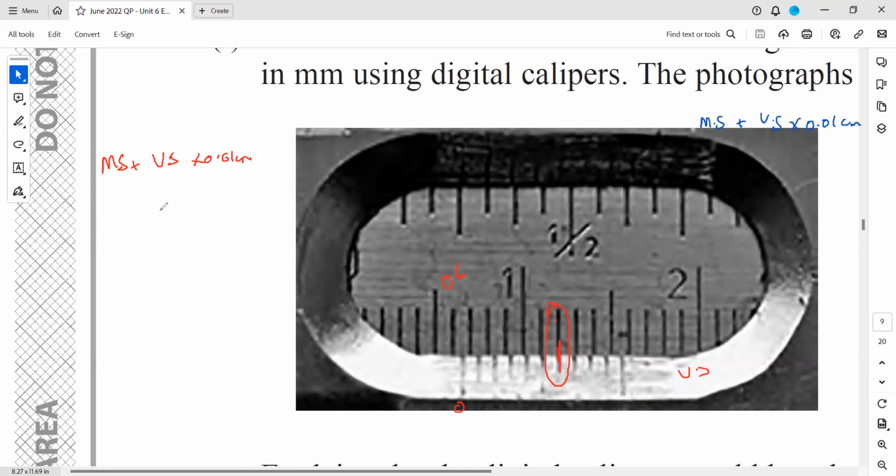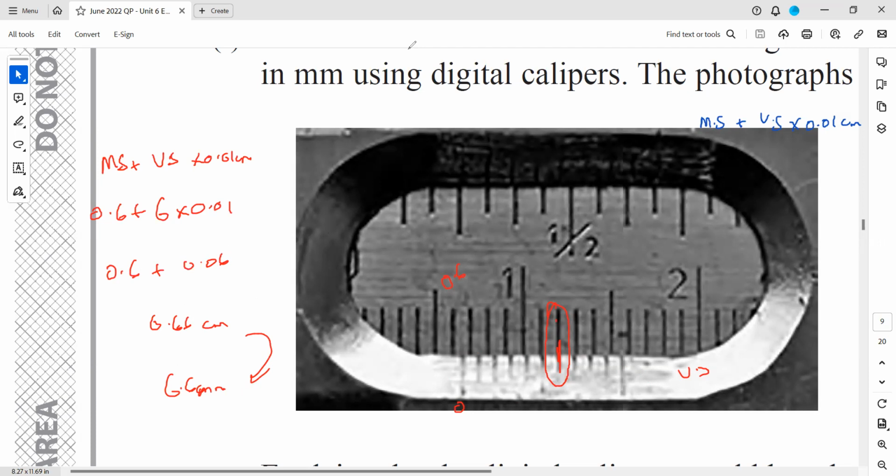The sixth line is there, so 6, times 0.01, and the main scale was 0.6. So 0.6 plus 0.06, so 0.66 centimeter. If we convert into millimeter, it will be 6.6 millimeter because we multiply by 10.